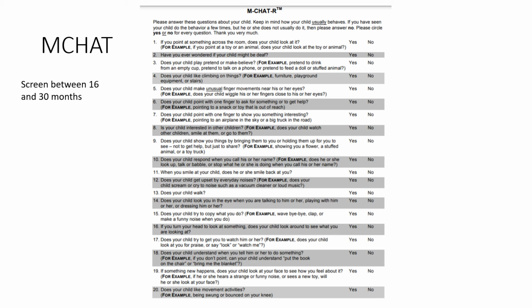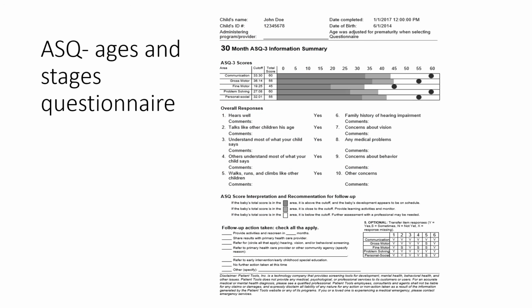It's just yes or no questions, and then you grade it at the end. Certainly if there's any concerns on this, make sure you ask the parents in detail, just to double check. And if there's further concerns, you definitely want to get them to see some sort of specialist so they can get evaluated further to make sure this isn't something that needs further workup.